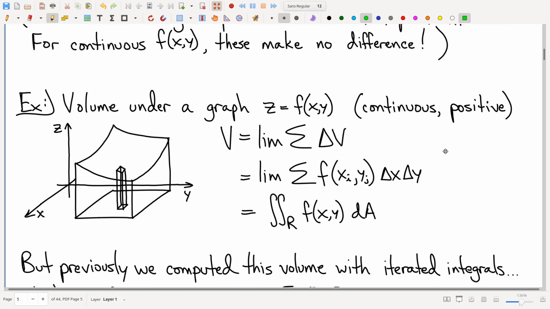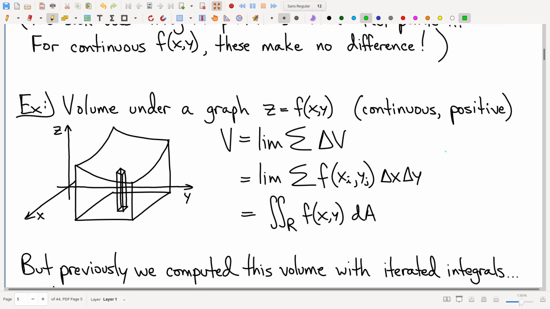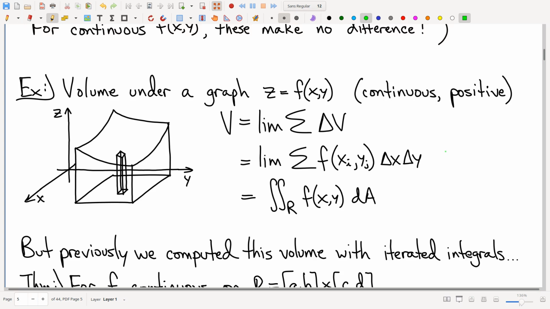Okay, so let's see what we can do with this construction, this double integral construction, a 2-index Riemann sum construction. We're going to go back to the question of the volume under a graph. All right, keep in mind a graph is like this.